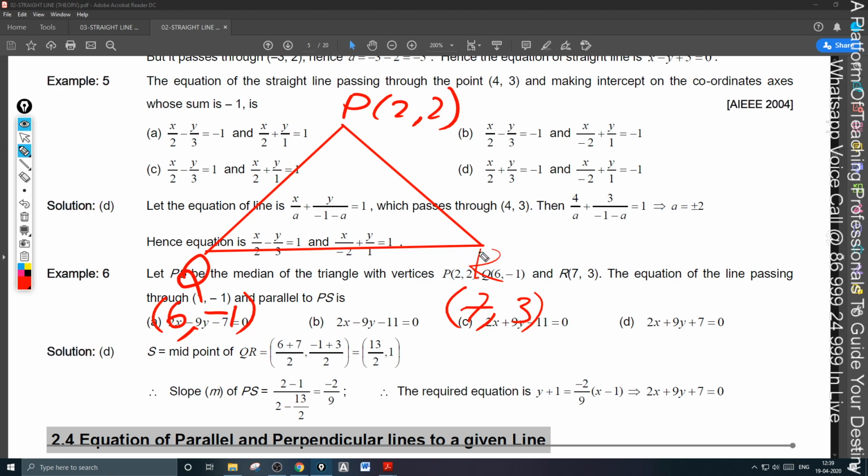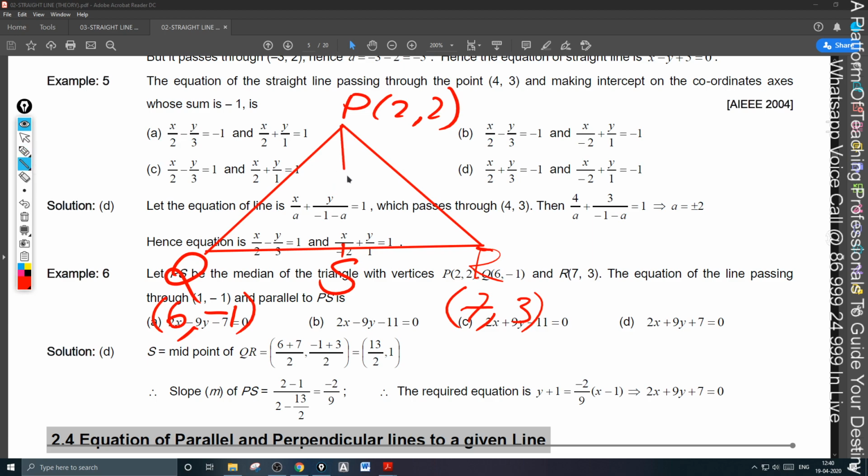What is needed here? We need the equation of the line passing through 1, minus 1 and parallel to PS. What is S here? PS is the median.